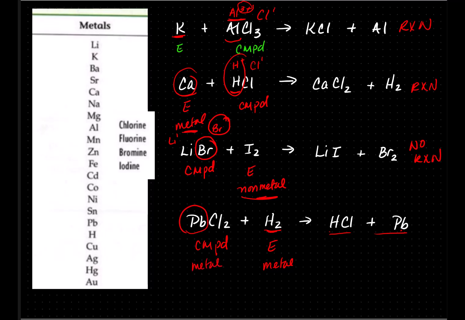Lead, when it combines, has a charge of 2+. Cl has a charge of 1-. Crisscross, PbCl2. So I look up lead. Lead is here. Hydrogen is here. The element is not higher. Hydrogen is your element. It is lower than the ion, so this is no reaction. So for a single replacement, you need to use the activity series. Remember, the element must always be higher than the ion for the reaction to occur.